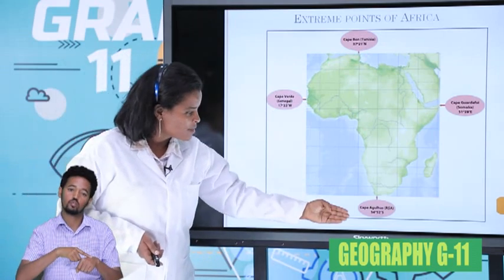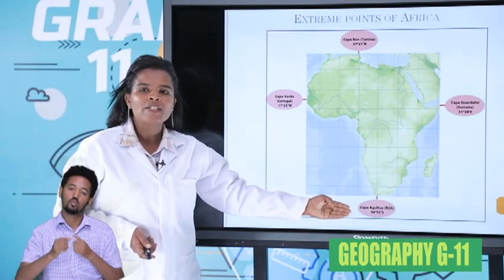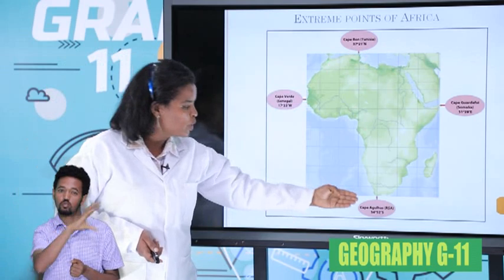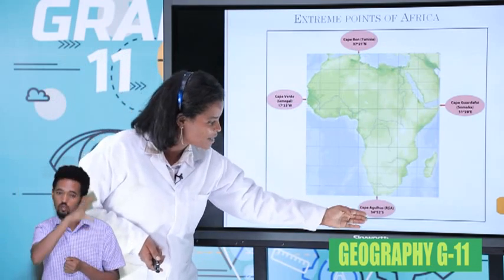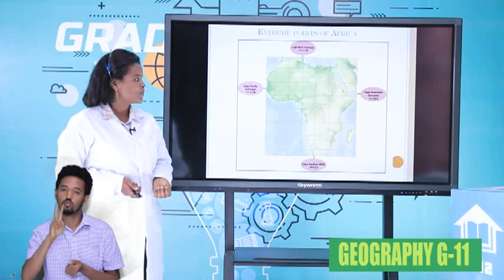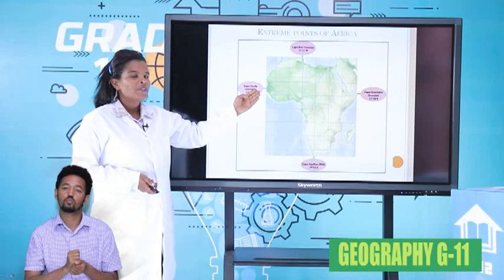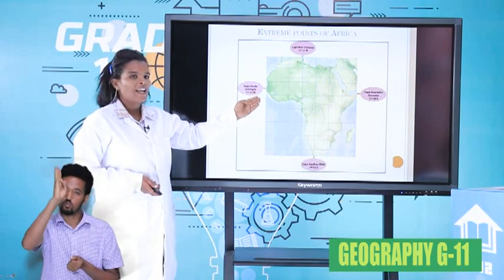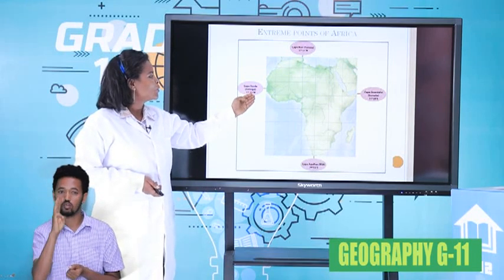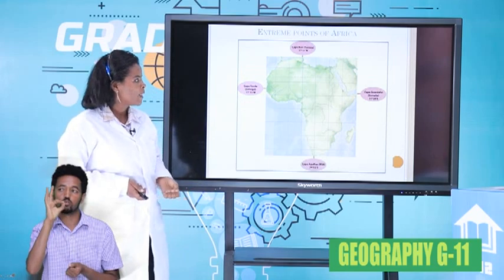Cape Agulhas, located in the southern extreme point of Africa, which is found in the Republic of South Africa, is located at 52 minutes south. Cape Verde is the extreme point of west, which is found in Senegal at 70 degrees 33 minutes west.